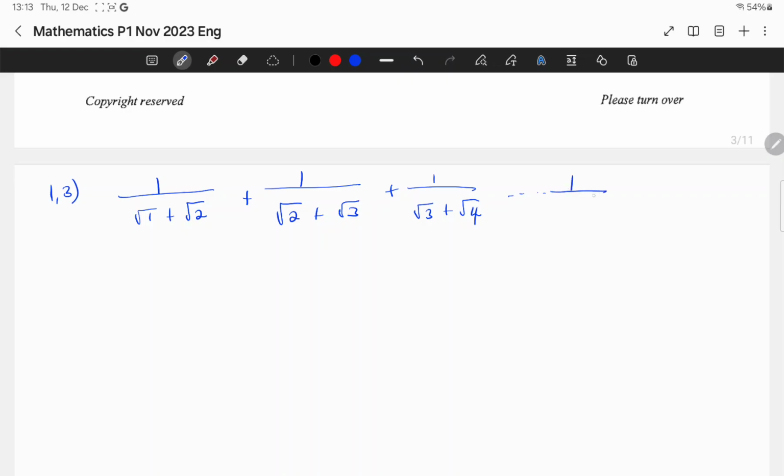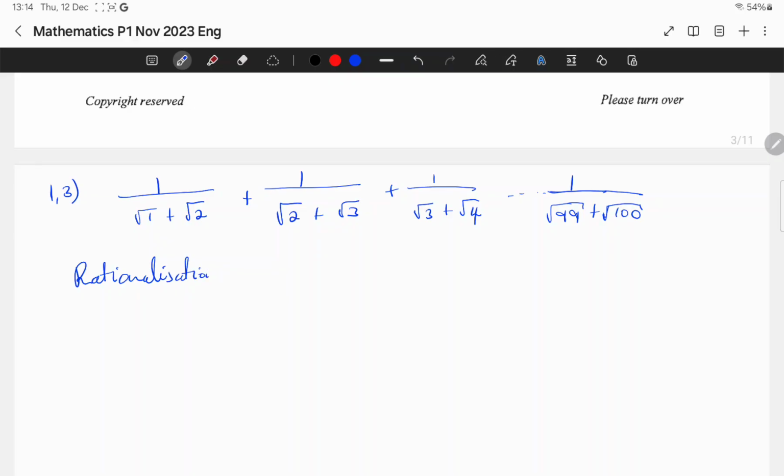So this should hint at a simplification of the problem before you solve it. And how do you simplify values like this? You simplify them by rationalization of surds. Let me just write it down.